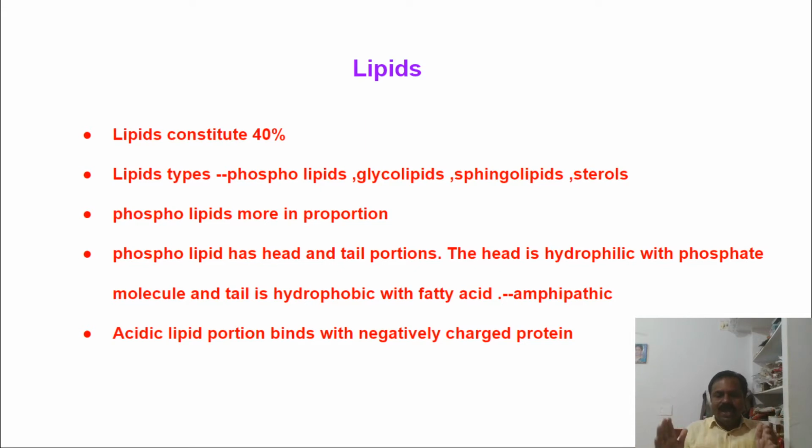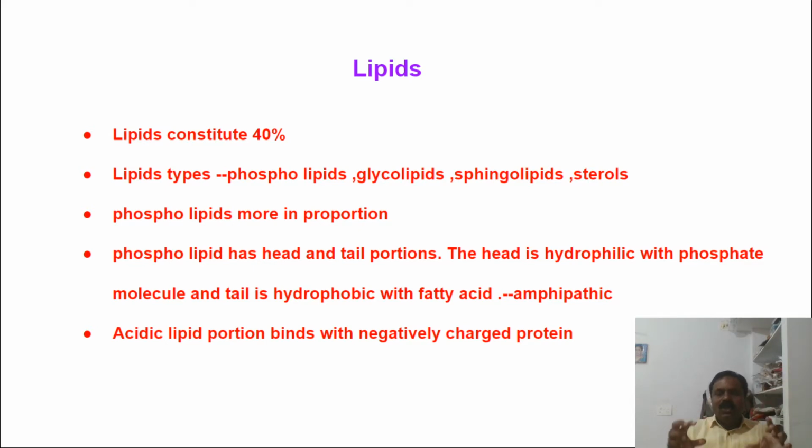So it is connected with the fatty acids. Remember, here one rounded head-like structure, and below this one tail-like structure. The head-like structure is hydrophilic and the tail-like structure is hydrophobic. The head structure is connected with the phosphate molecule and the tail structure is connected with the fatty acids.